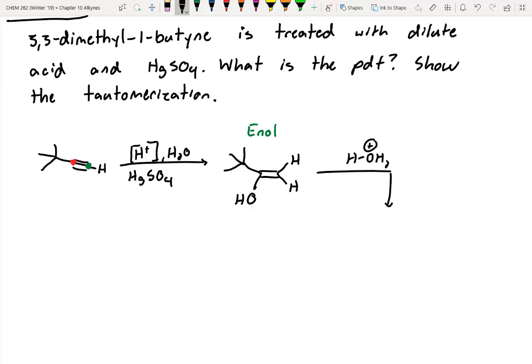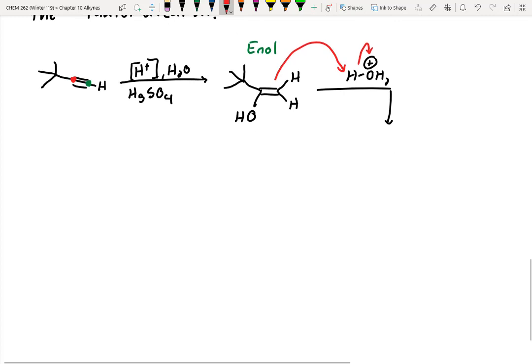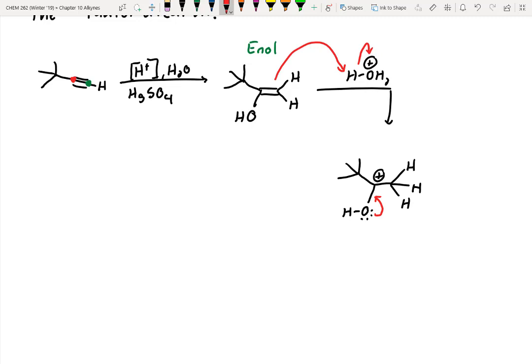So in our next step, we can show the alkene grabbing the proton from the acid. We want to form our more stable carbocation. And like I said, this is way more stable in this position, not only because it's got more substitution, but because of resonance. So you can show one of these lone pairs dumping down.